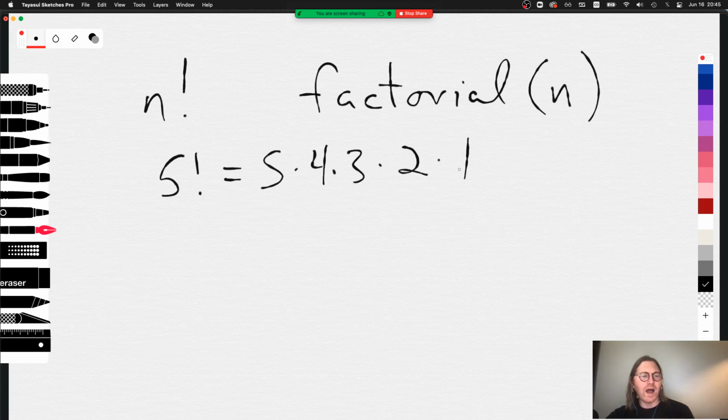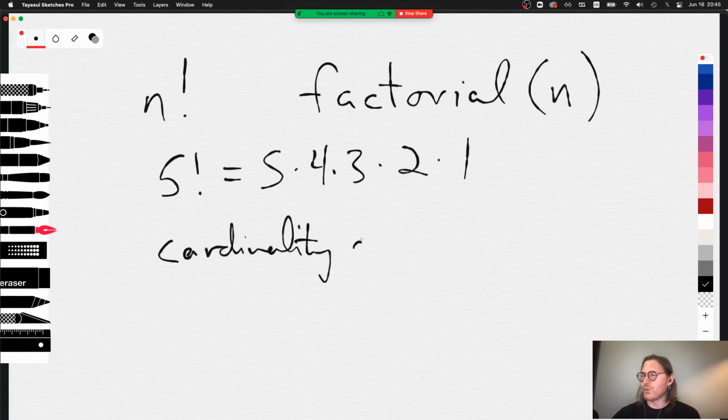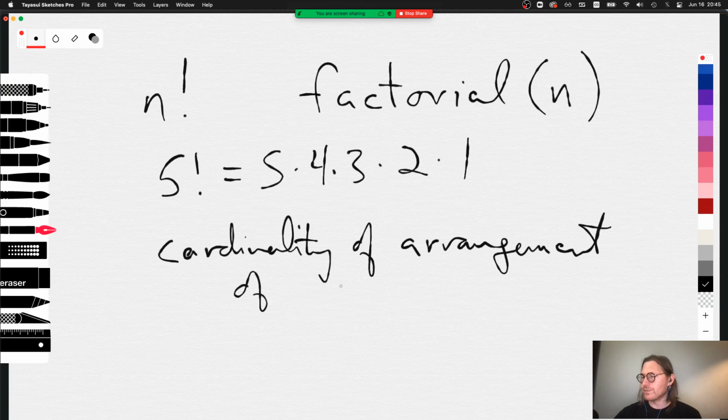So why factorial? What does this represent? Now, it may not be obvious, but I'm going to try to show this to you. Factorial gives us the cardinality of arrangement of n items.